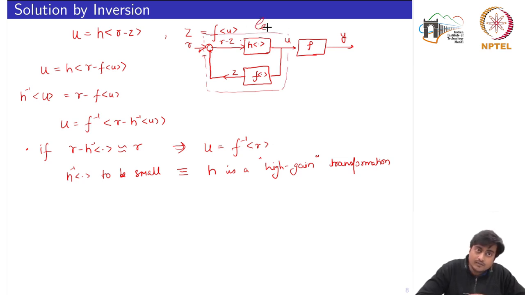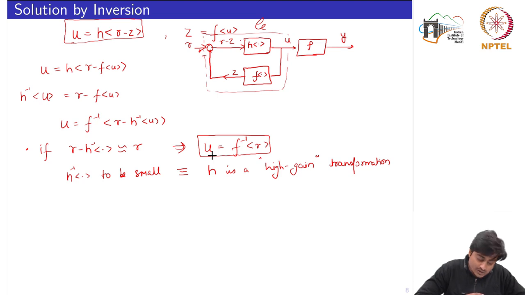This is our controller and this is the plant. Now in the previous solution we had seen that to compute the control signal u, we need to take explicitly the inverse of this function f. Now because of this feedback mechanism, though we are taking the feedback from the control signal to this summer, we have not taken any explicit inverse of the function f, although at the same time we have implemented this one.